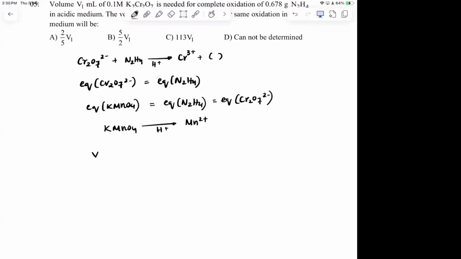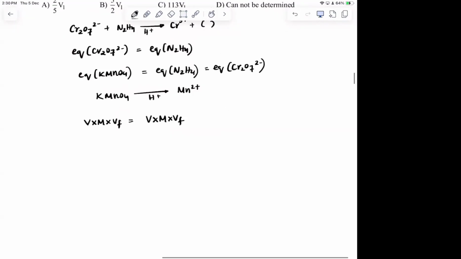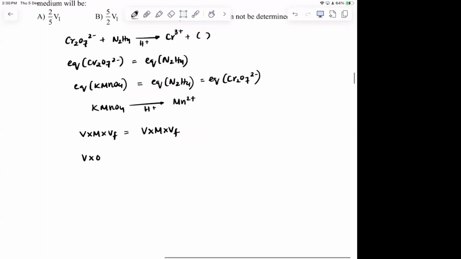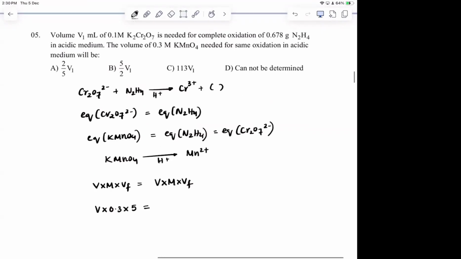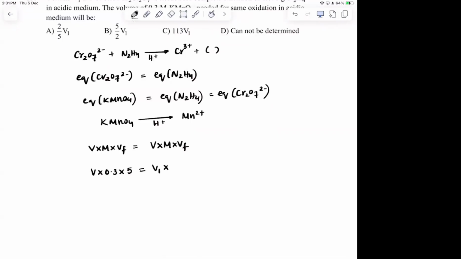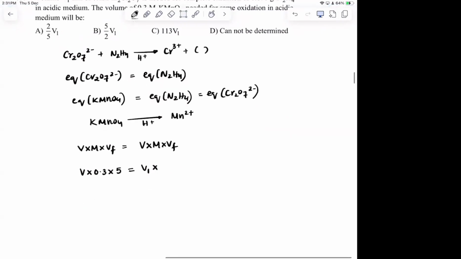So see, volume into molarity into valency factor of KMnO4 must be equal to volume into molarity into valency factor of Cr2O7 2 minus. So molarity is given here as 0.3. Valency factor of KMnO4 is 5. While volume of K2Cr2O7 given is V1, molarity given is 0.1 and valency factor is 6.